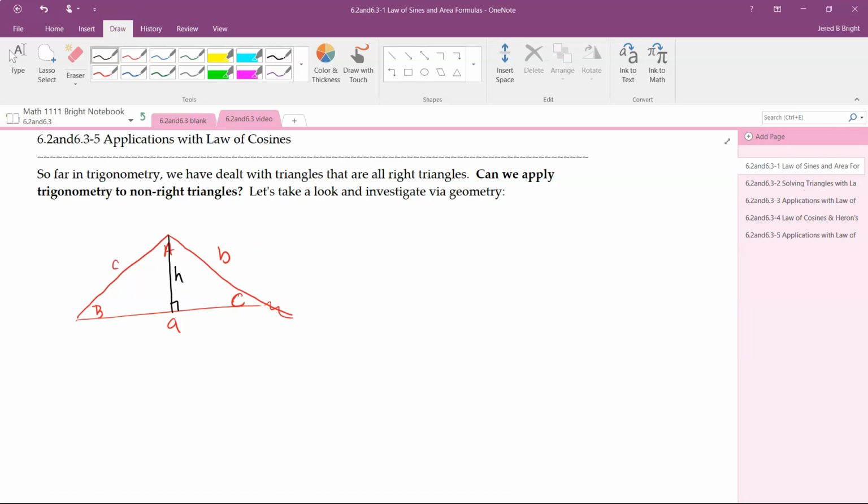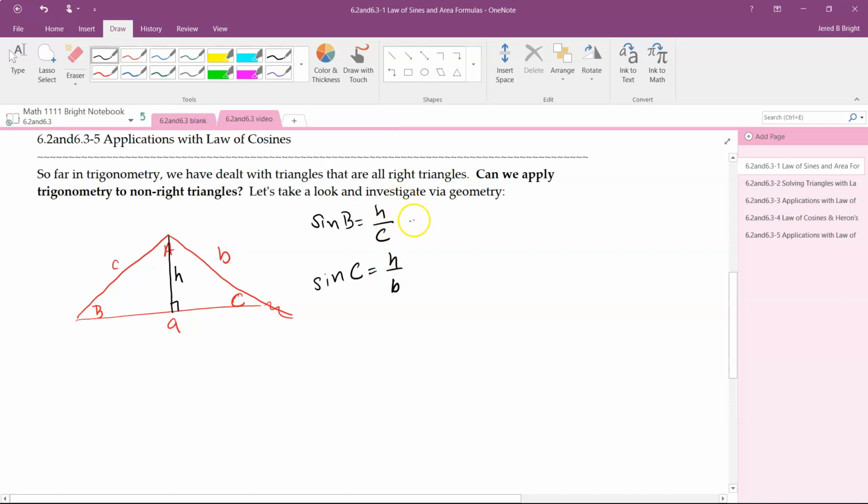In particular, if I look at sine of B, we know this to be h, the altitude, over c, and we also know that sine of C can be expressed as h over b. Now why did I choose these? You will see.